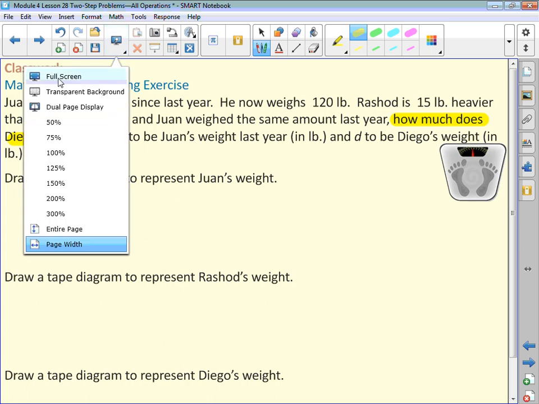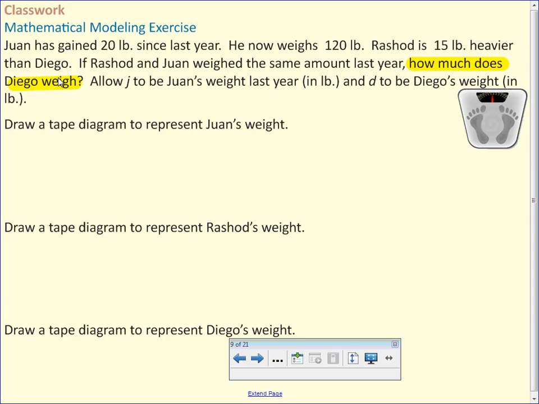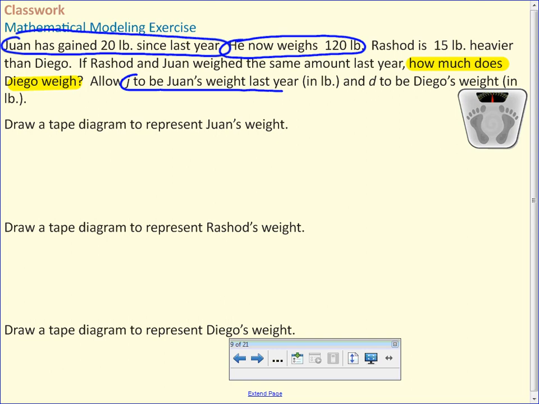So now let's first start. We want to find out Juan's weight. Well, what do we know about Juan? That he gained 20 pounds since last year. He now weighs 120 pounds, and J is Juan's weight last year.